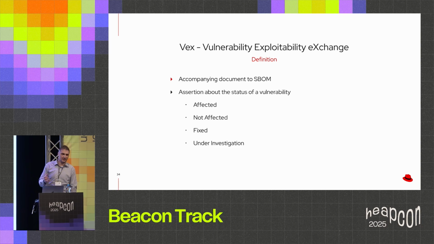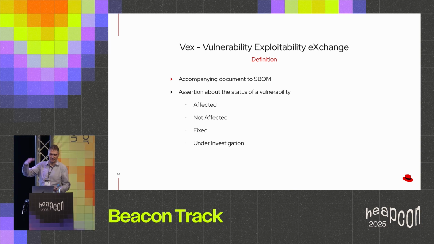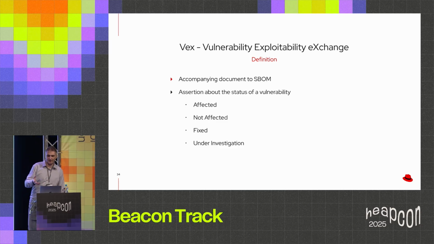So it's usually a document that accompanies the SBOM, because the SBOM defines the product version, and then VEX says, okay, in this SBOM, in this product, we have these vulnerabilities. And what's important is that it adds a little bit more information, because if you only look at a product by its components, it can have a certain vulnerability reported against that component.